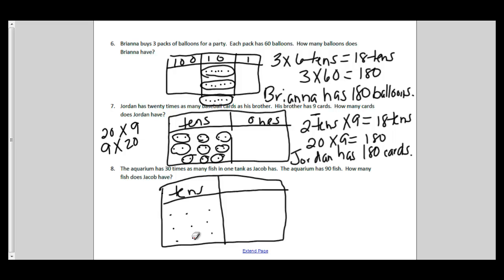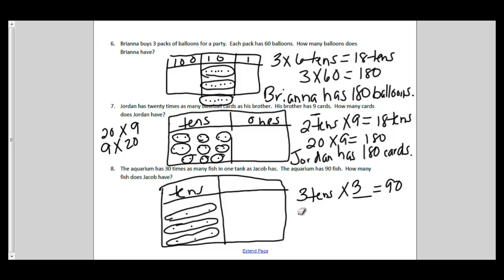So I've got 3 tens times something equals 90. So when I go back here, here's my 3 tens. Here's one group of 3 tens. Here's 2 groups of 3 tens. Here's another group of 3 tens. So how many times did I multiply 3 tens? I multiplied it 1, 2, 3 times. So 3 tens times 3 equals 90.